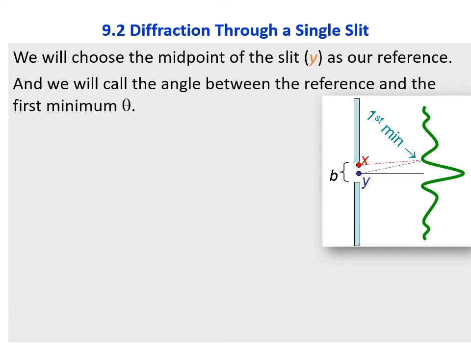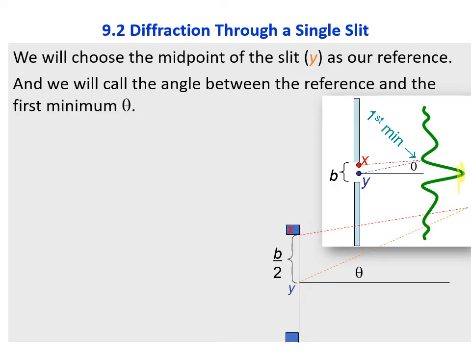So the angle between the central reference line, that's the distance from the center of the aperture to the center of the maximum intensity point right here, that angle will be theta. So this is a larger drawing. You can see the distance between x and y, those waves, it's b over 2.